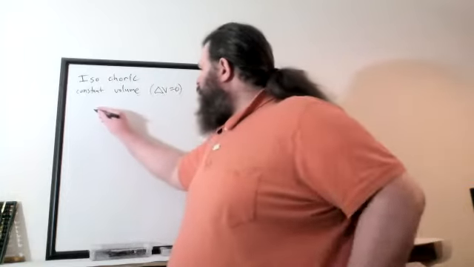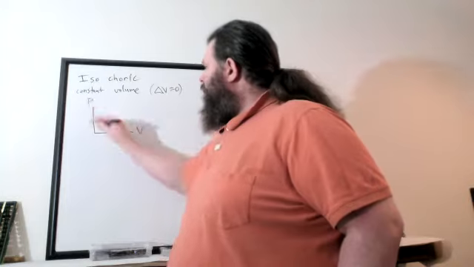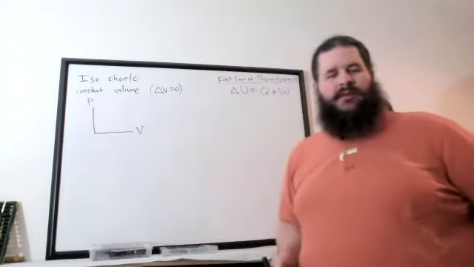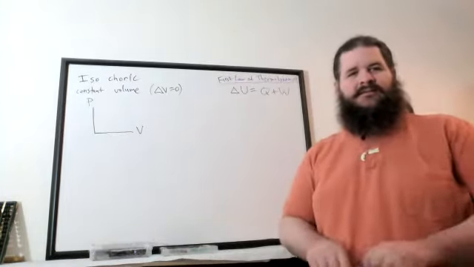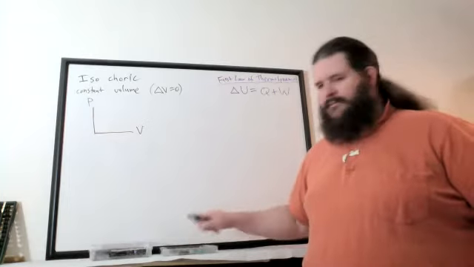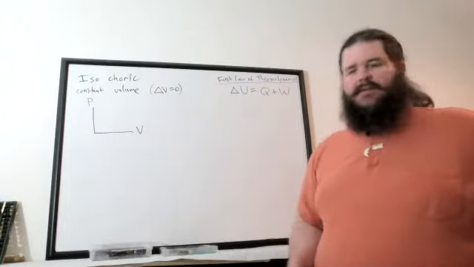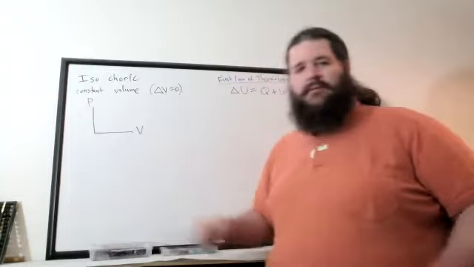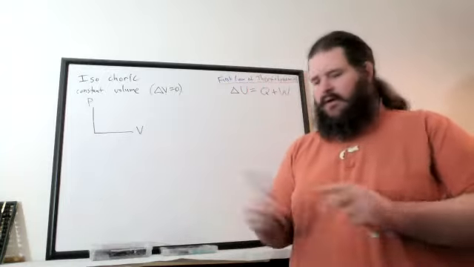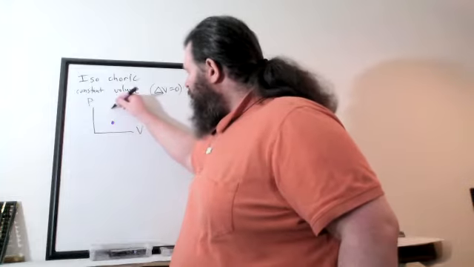So if we were to draw that out on a pressure volume graph, if we're assuming the volume does not change, what would that process look like? Yeah, it's going to be a vertical line. No change in volume means we can't move left or right at all. We're not moving along the volume direction at all. So we've got some initial state and some final state.